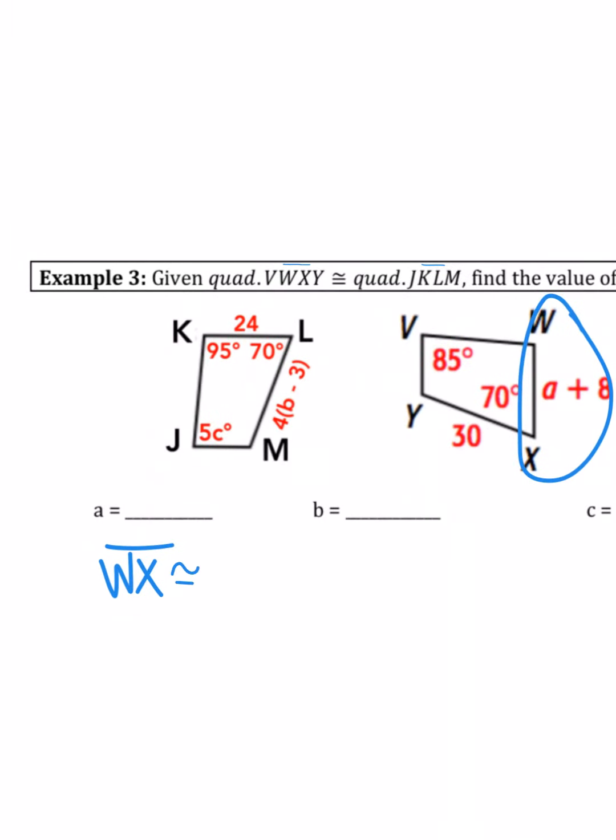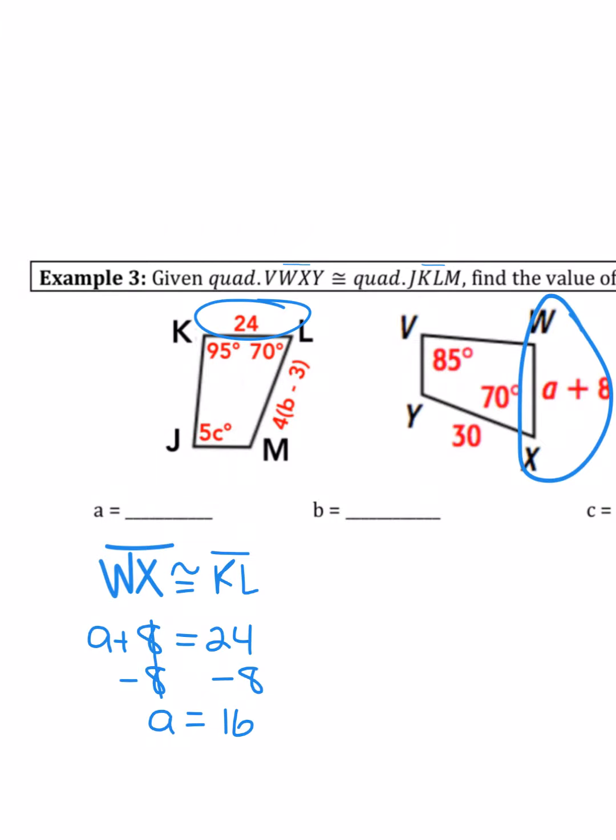So since WX is congruent to segment KL in the figure, I know that my measure for WX, which was a plus 8, must be equivalent to the measure for segment KL, which was 24. So now, all I have to do is solve by using inverse operations, so I'll subtract 8 and find that little a is 16.